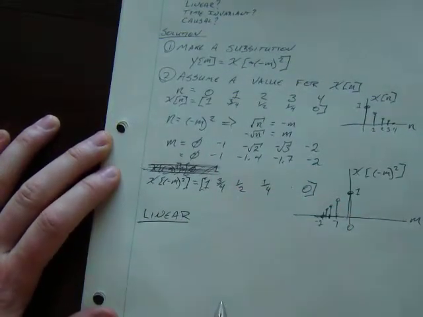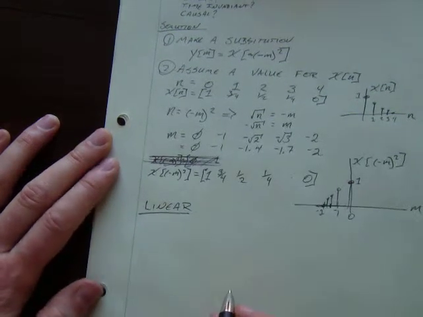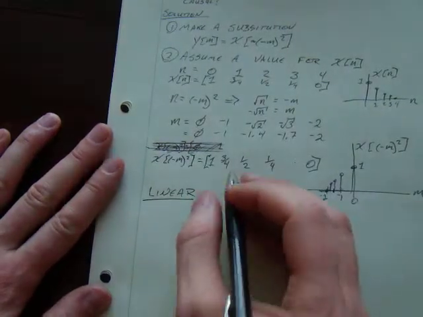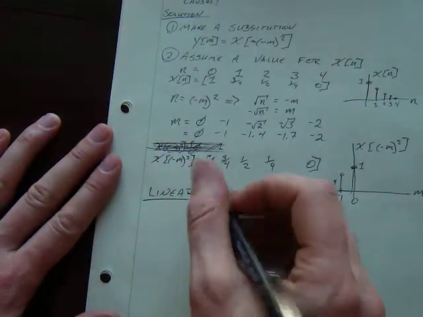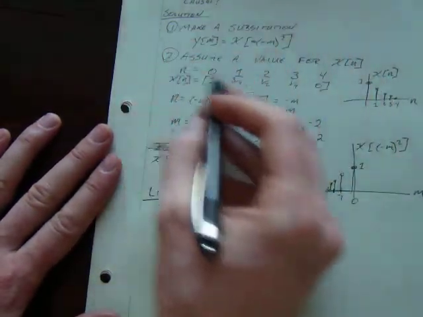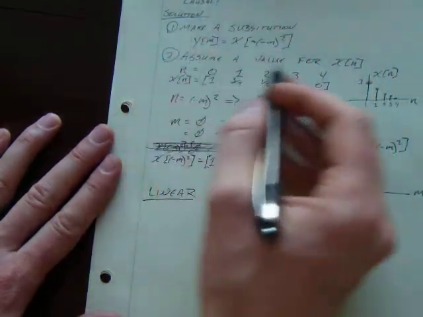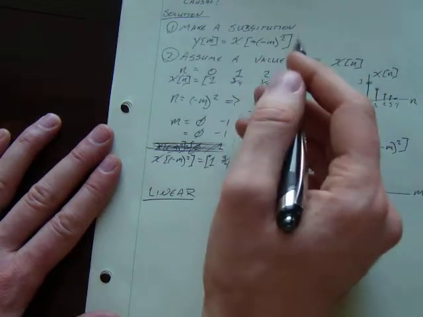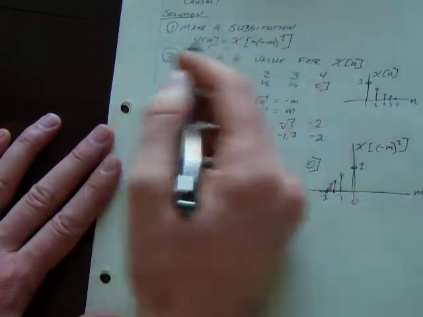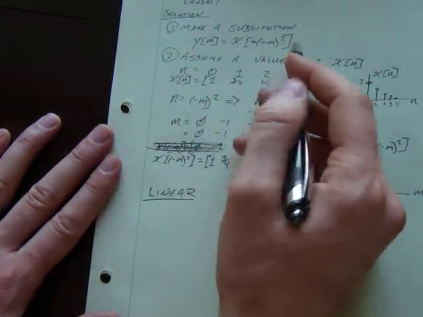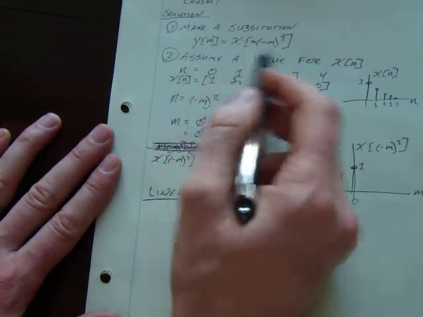So, what we want to do is look at the system in terms of superposition. So if we take and say this is the output of the h function, if we have a system that we're calling h, y of n is this output.